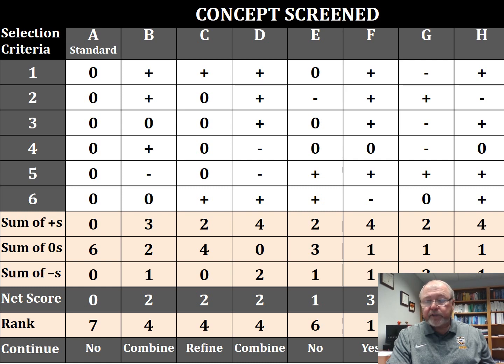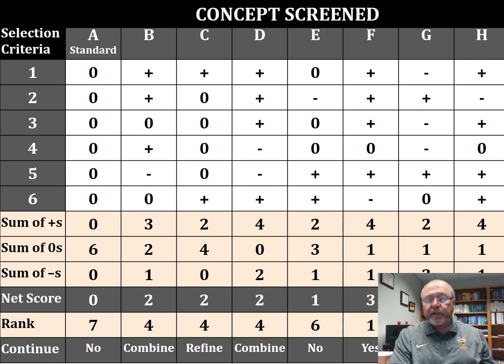Now, there are some things that we need to consider. Just because something has the highest number doesn't necessarily mean it's the best design, because we're not looking at how much better or how much worse. We're not looking at these criteria as being differentiable from one another. We're treating them as though they're equally important. And the reality is, we know the whole world knows that they're not equally important.